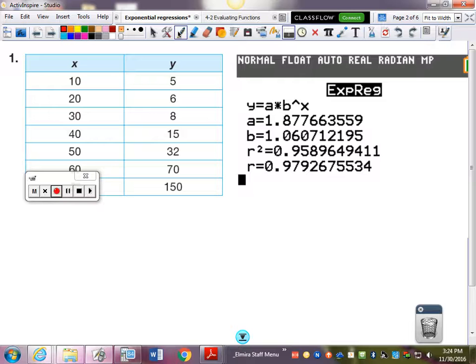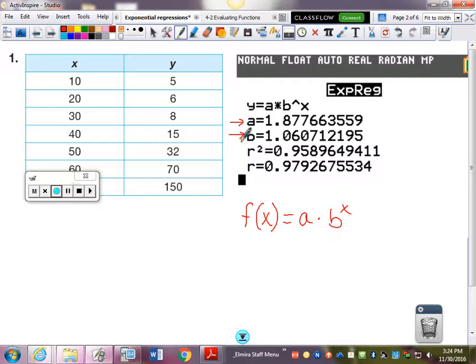So remember, our functions are in the form f of x, or y equals a times b to the x. So they tell us the a, they tell us the b. Now, they give us big, long decimals. Your homework assignment is going to tell you specifically what to round to.